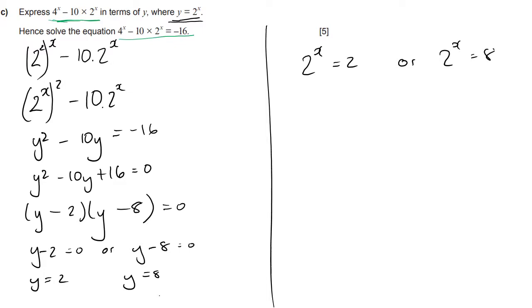Now we could take logs of both sides, or instead you can hopefully see that 2 to the power of 1 is 2, so this is x equals 1, and 2 to the power of 3 is equal to 8, so this is x equals 3. And then we've got our answers, and we can move on.